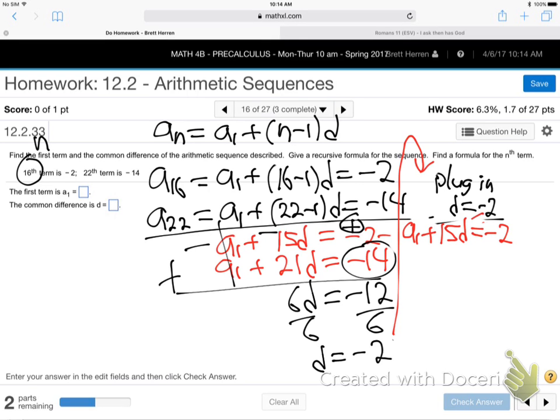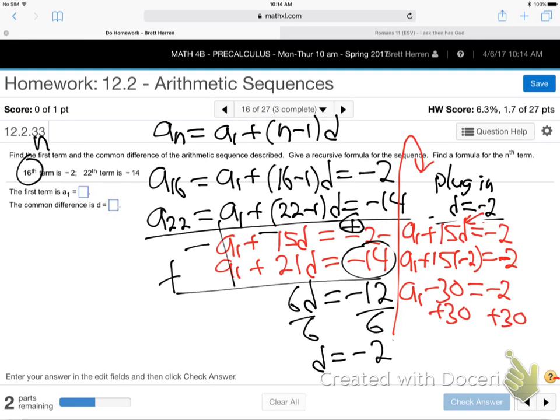Plug in that d right there. a1 plus 15 times minus 2 is minus 2. So that's a1 minus 30 is minus 2. Add the 30 to both. a1 is 28. So I got a1 and d. We good there? So I can answer the questions.